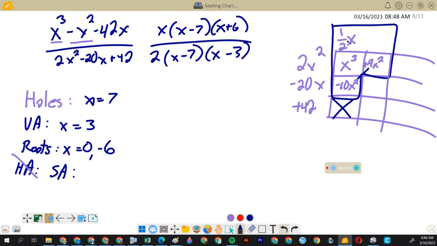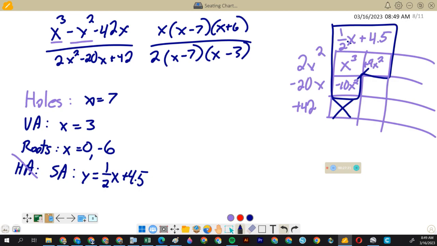Would be 9 over 2. 9 over 2 times 2x squared is 9x squared. So this is plus 9 over 2, which is 4.5. That is my slant asymptote. Y equals 1/2 x plus 4.5.